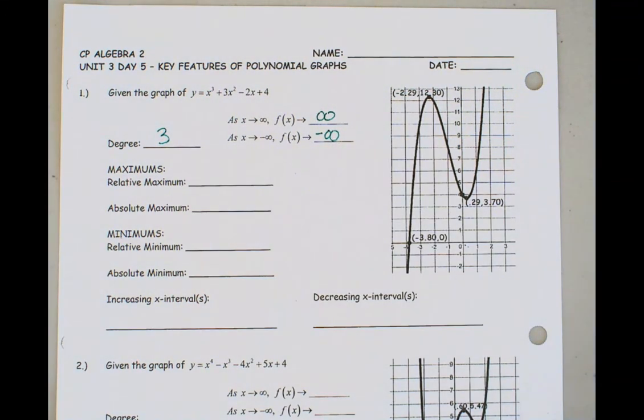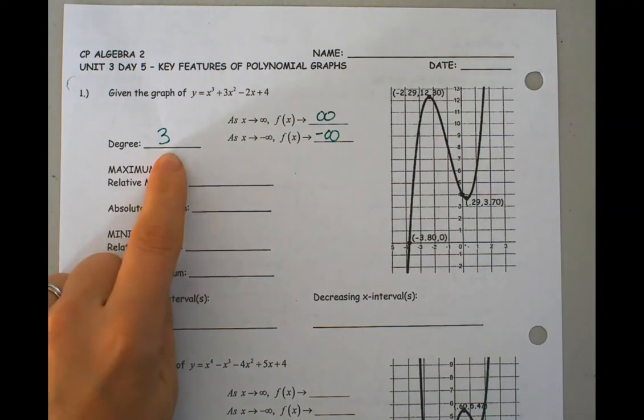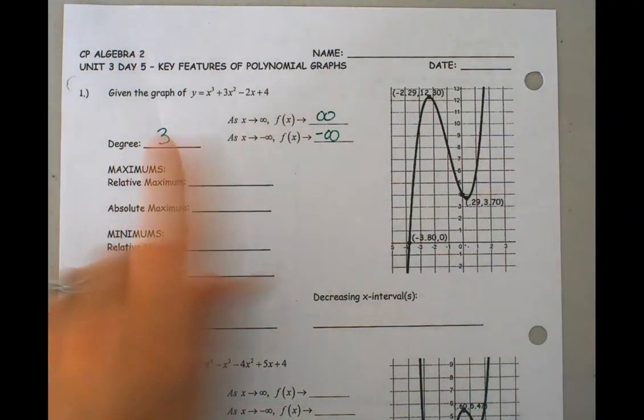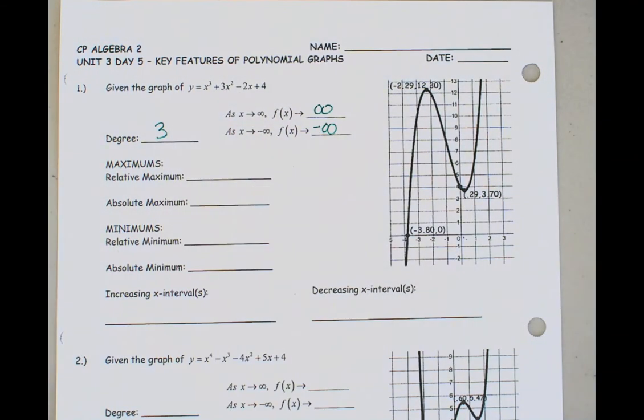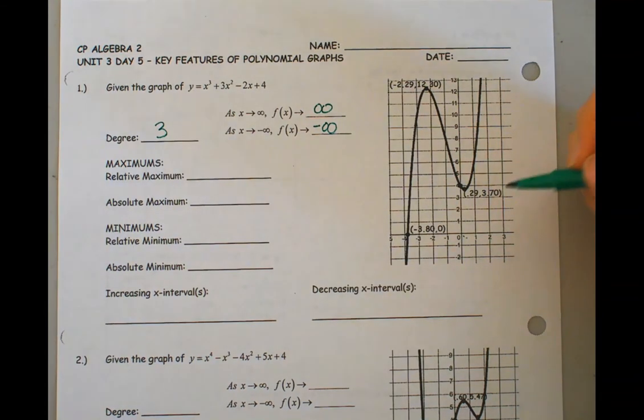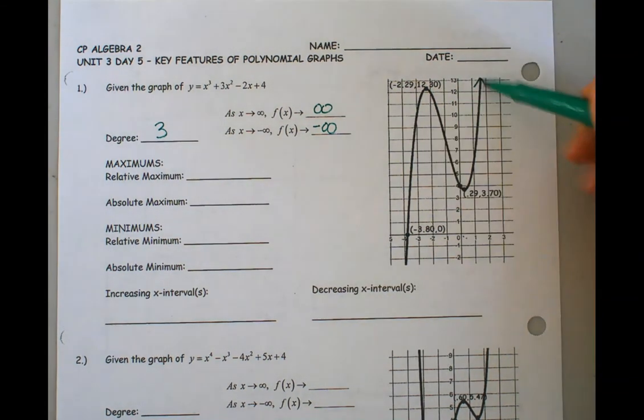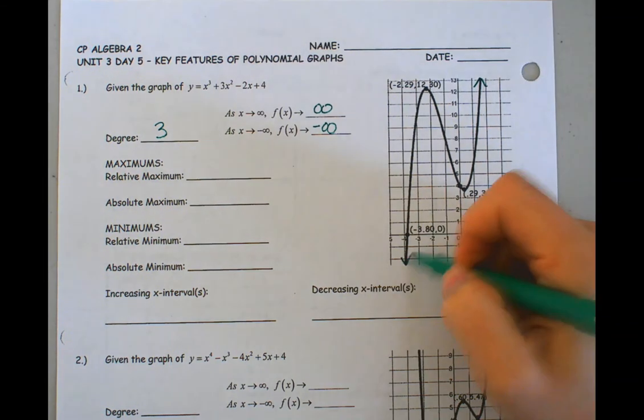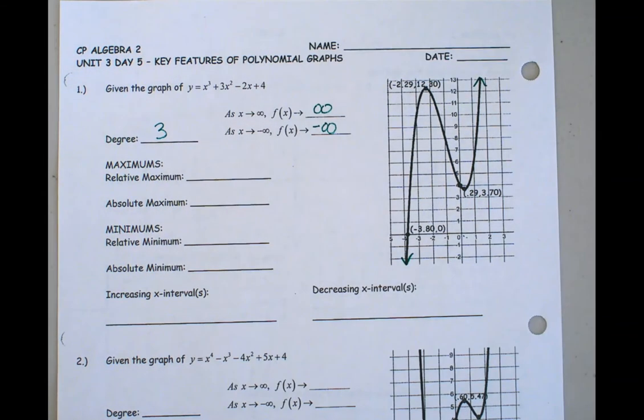And we remember from our end behavior investigation that when our degree is an odd number, they should be going in opposite directions, which they are. And then because my leading coefficient is positive 1, we know that my end behavior should be positive infinity on the positive x side and negative infinity on the negative x side.